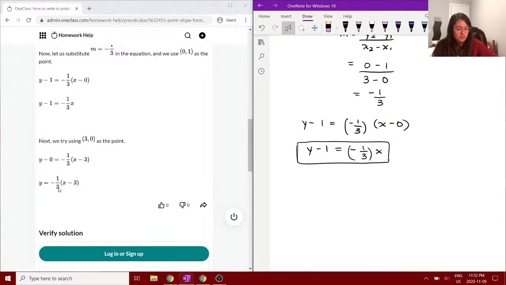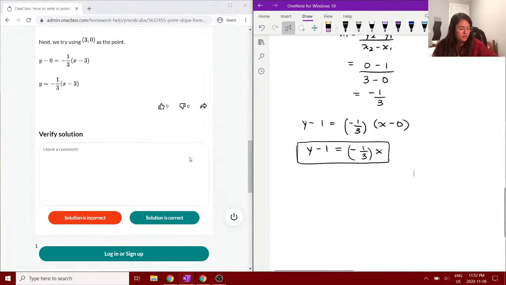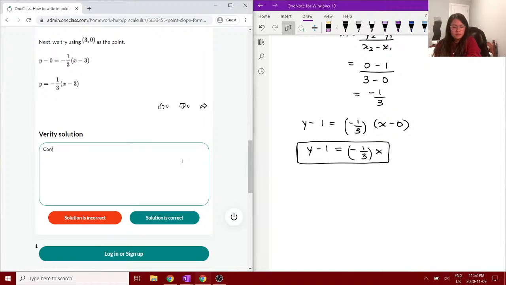And as you can see, if you were to distribute that minus 1 over 3 into this bracket, you will get the same result. So yeah, it should work no matter which point you use. All right, correct. Good work. And we can go on to the next question.